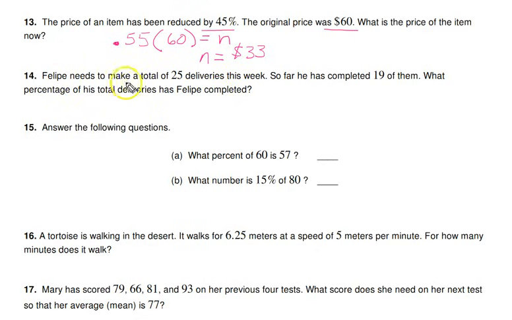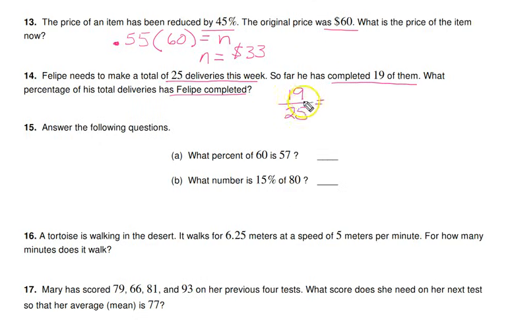All right, Felipe needs to make this many deliveries this week. So far, he has completed 19 of them. What percentage of his total deliveries has Felipe completed? Well, we find percentage by putting the portion that was completed, 19, over the total, 25.